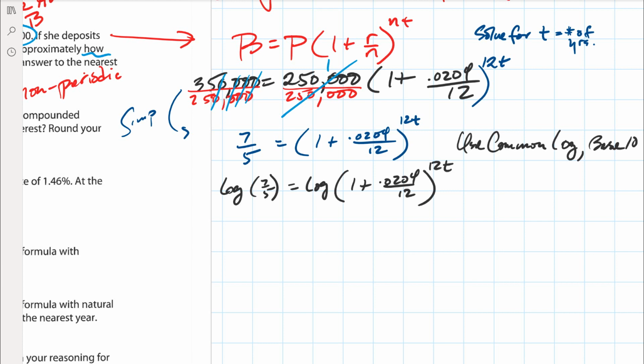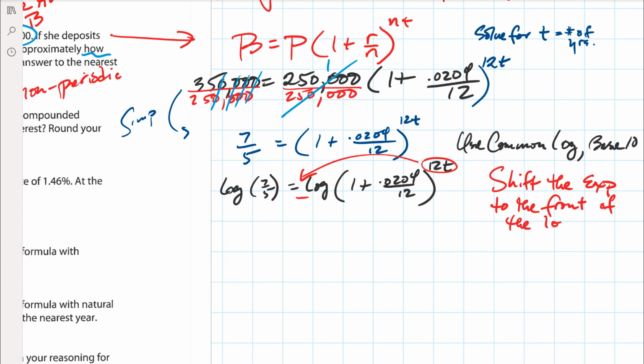And then you kick in your exponent property. Now remember, every time you have an exponent on an argument here, you can shift it in front of the log. So let's put this in red again, because I've talked about this in the prep before this lesson. Shift the exponent to the front of the log. That's the key.